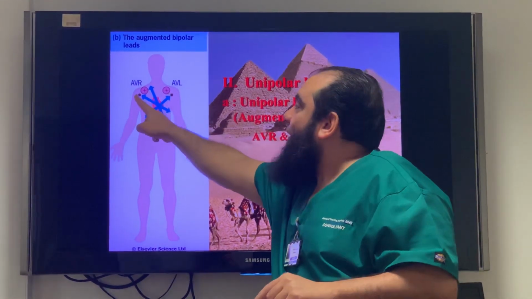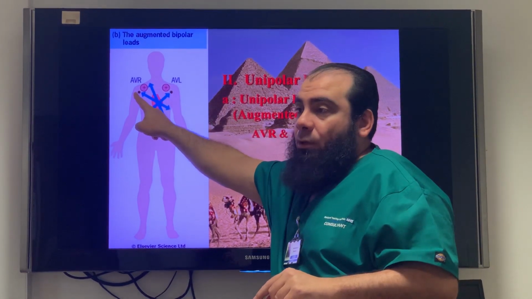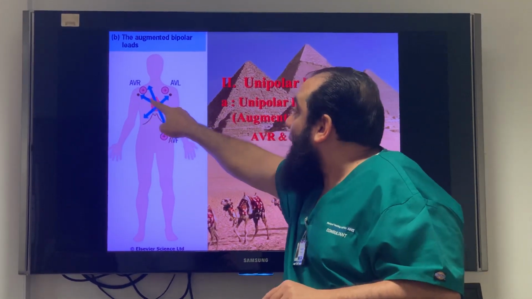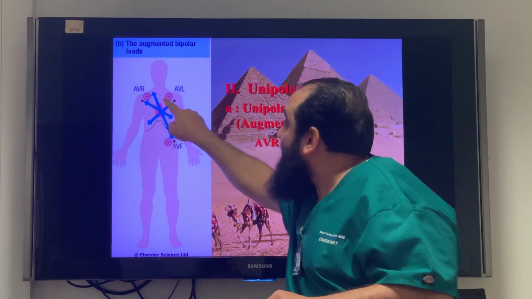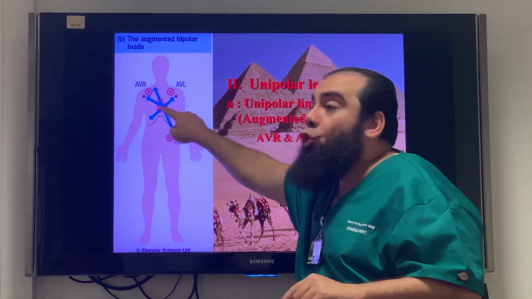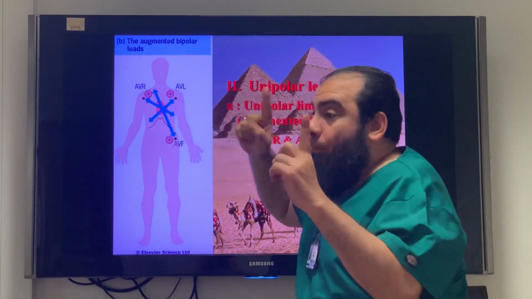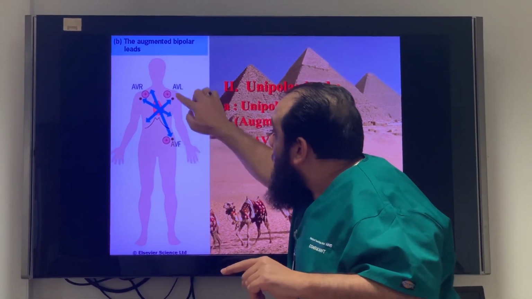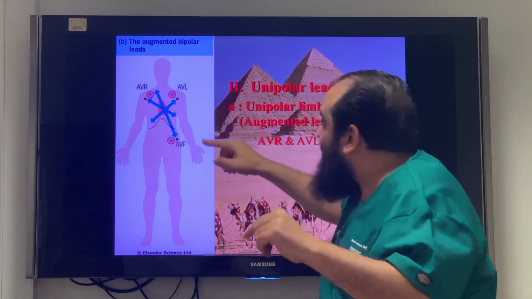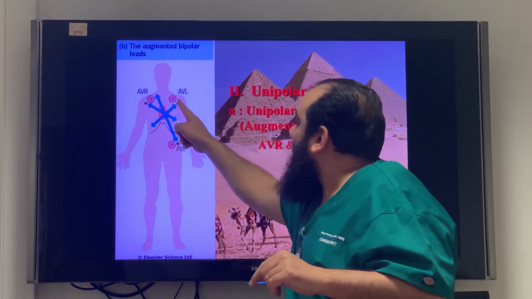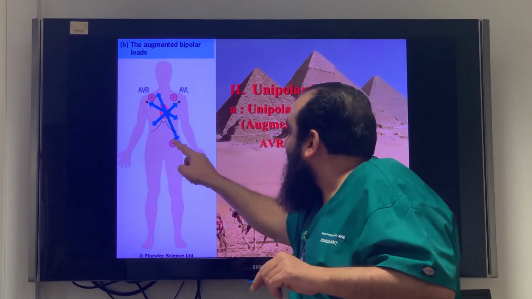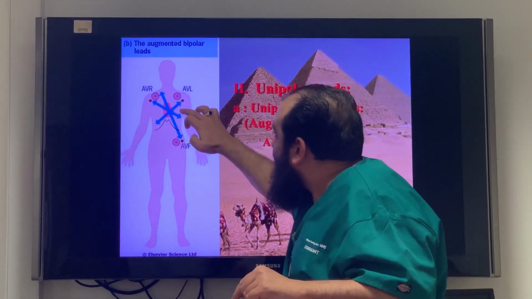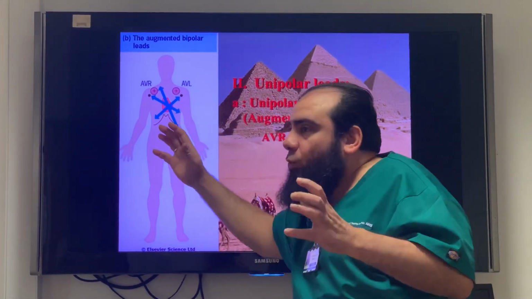For example, aVR is the right side here, trying to see the heart from this side as a line, not as a differential between this and that, but as a line from here. To which point? To the point, if we imagine we have a segment here, this negative, this positive will move to a point that is 0, equal to each other.